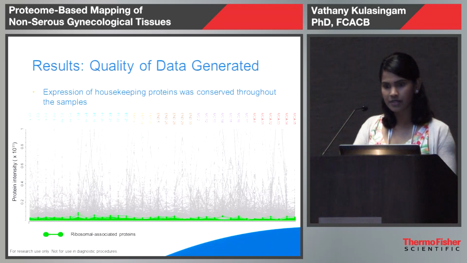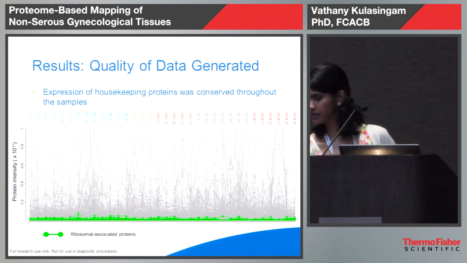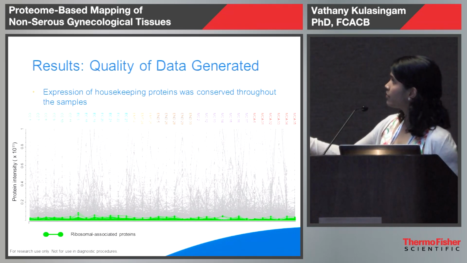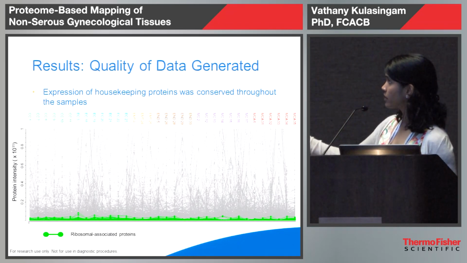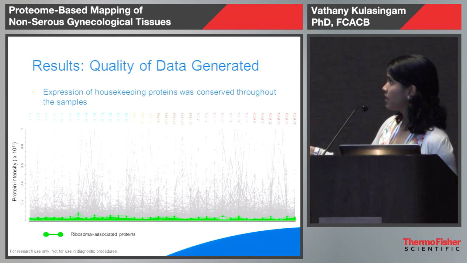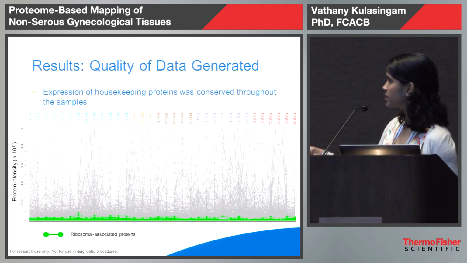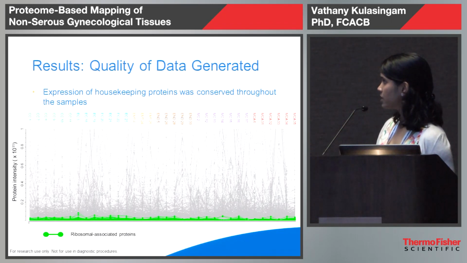So let's look at the data generated. I first want to start with this figure, what you see at the top. I have the various cohorts: clear cell carcinoma, endometrioid carcinoma, endometriosis, normal endometrium, mucinous carcinoma, and mucinous cyst adenoma. These are the almost 30 different sample types that we had, and we have protein intensity here.